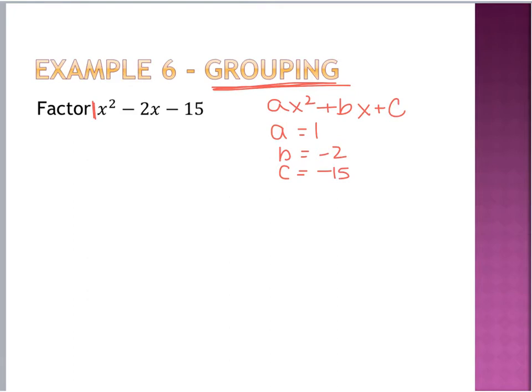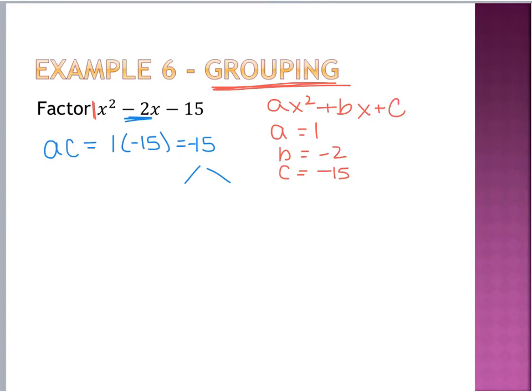When you group, you always want to start out by taking the product of a times c. In this case, I have a positive 1 times a negative 15, which gives us negative 15. Now I'm going to look at factors of negative 15 and see if I can get a sum of negative 2.